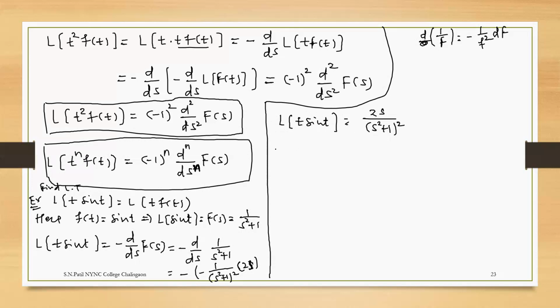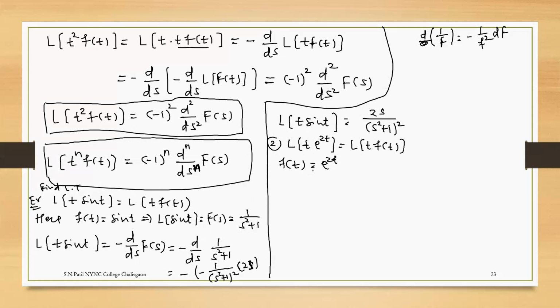Now the second example. Laplace transform of t into e raised to 2t. So we write it as a function t into f of t, to identify f of t is equal to e raised to 2t.